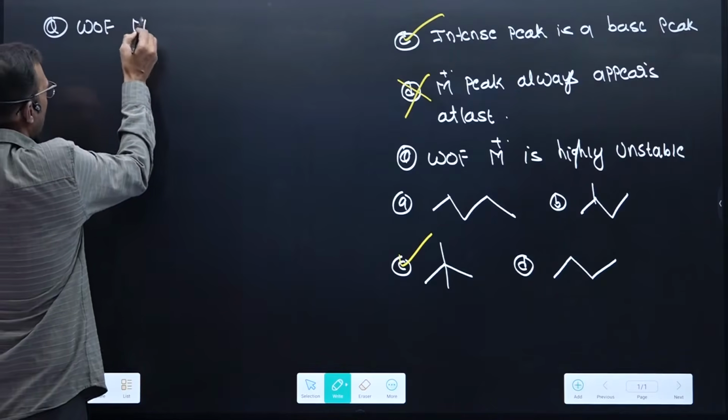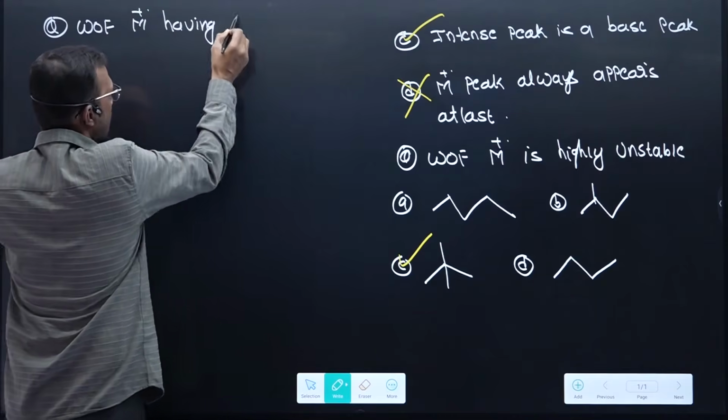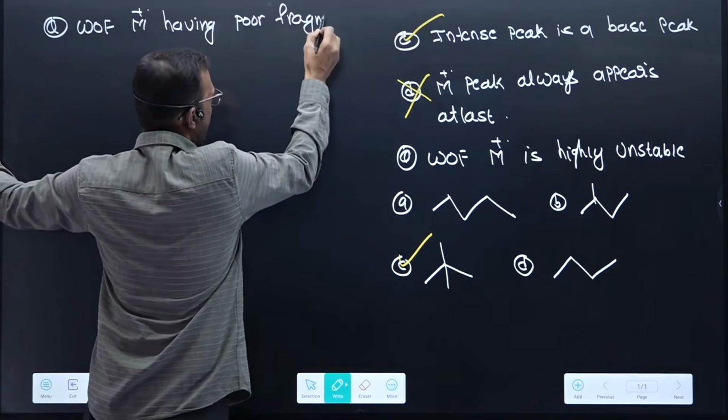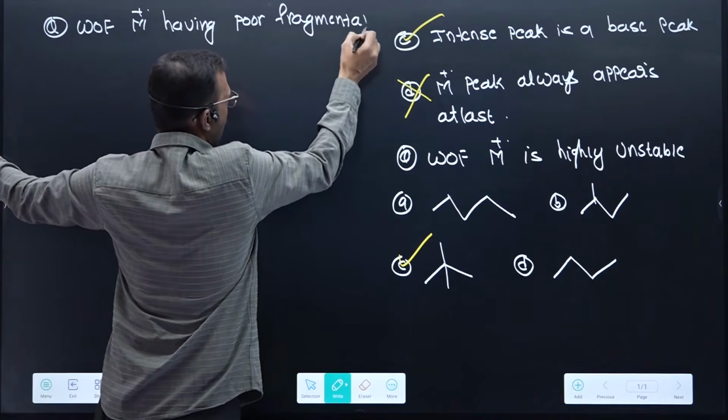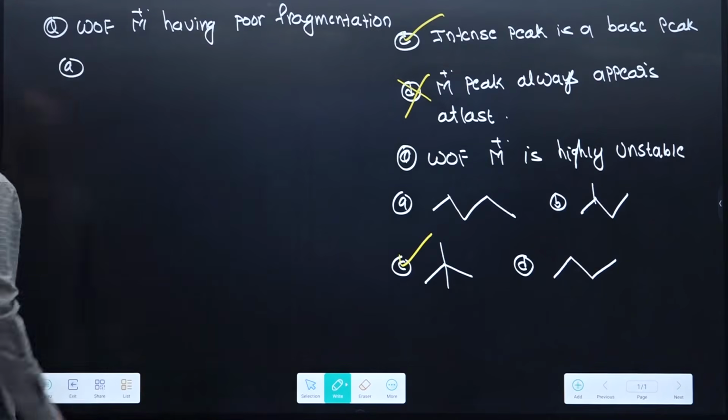Which of the following molecular ions has poor fragmentation? Which will carry poor fragmentation?